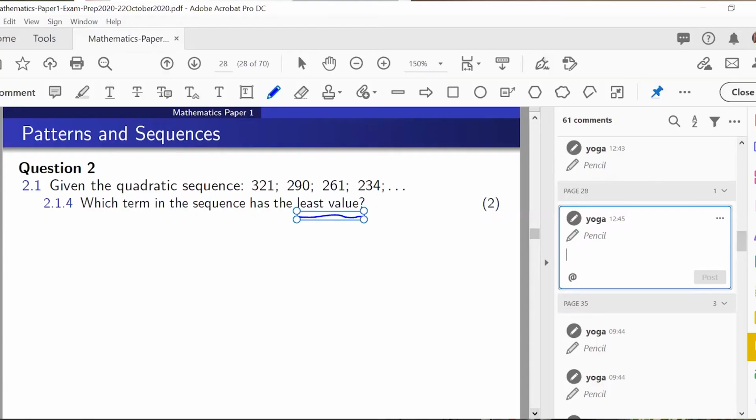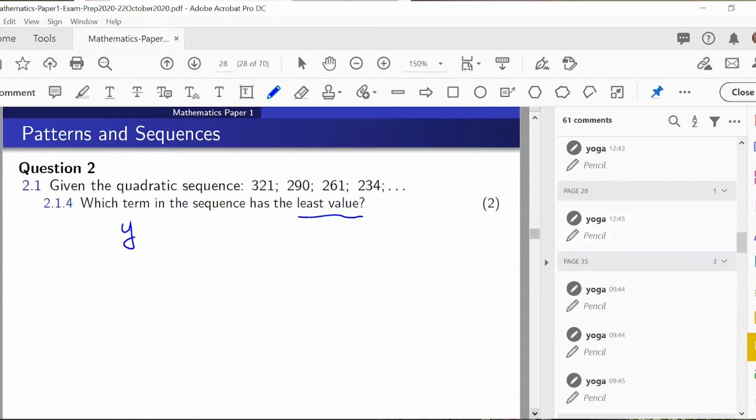But I would like us just to go through this quickly because it is a problem that is doable. You will remember that I said this is a quadratic and it can be associated with y equals x squared minus 34n plus 354. Sorry, I made a mistake, 34.